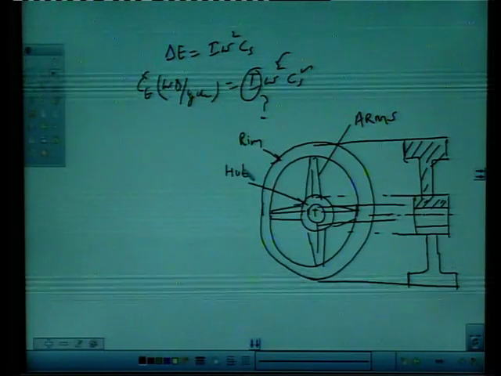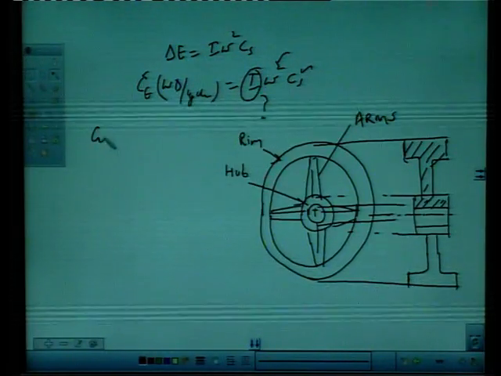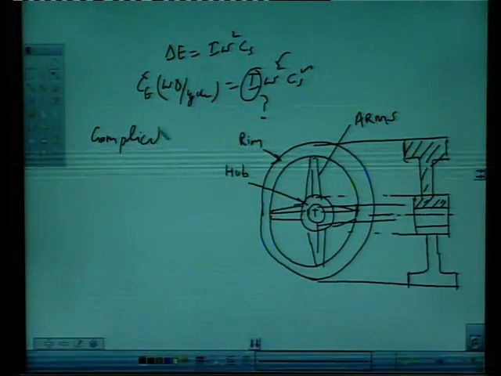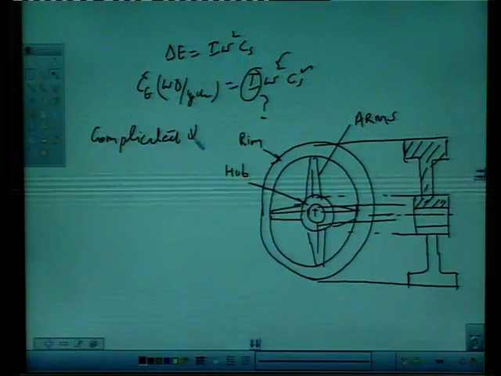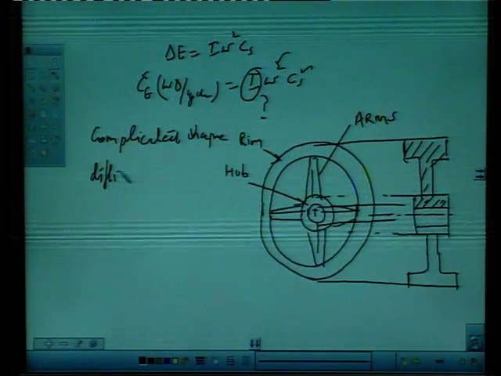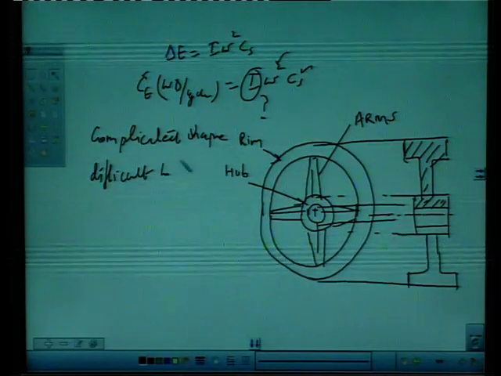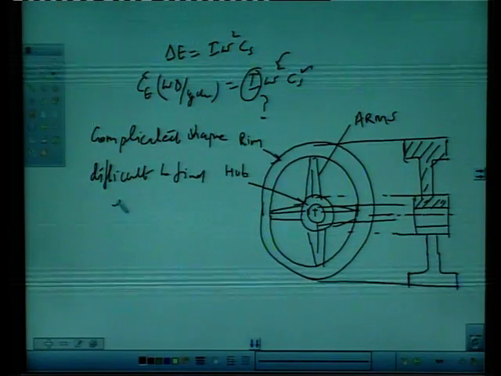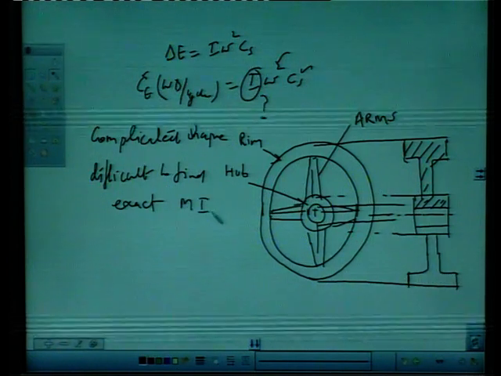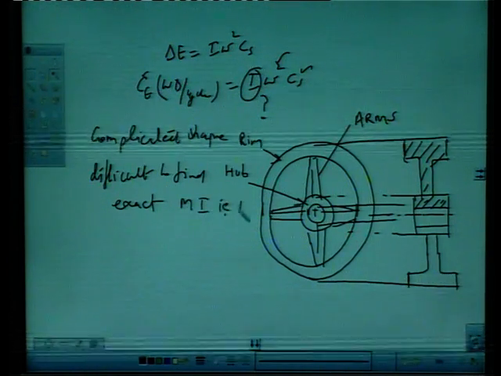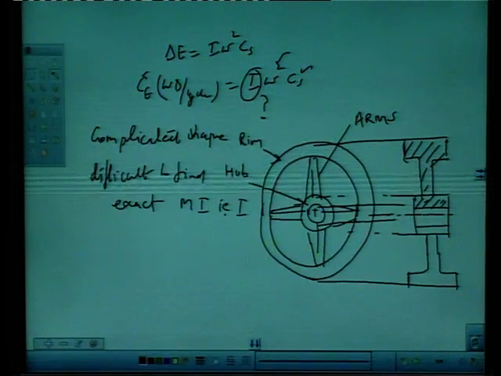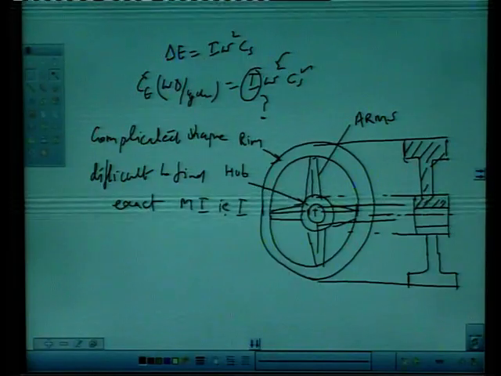Because this is a complicated shape, it is difficult to find the exact moment of inertia I of the flywheel.